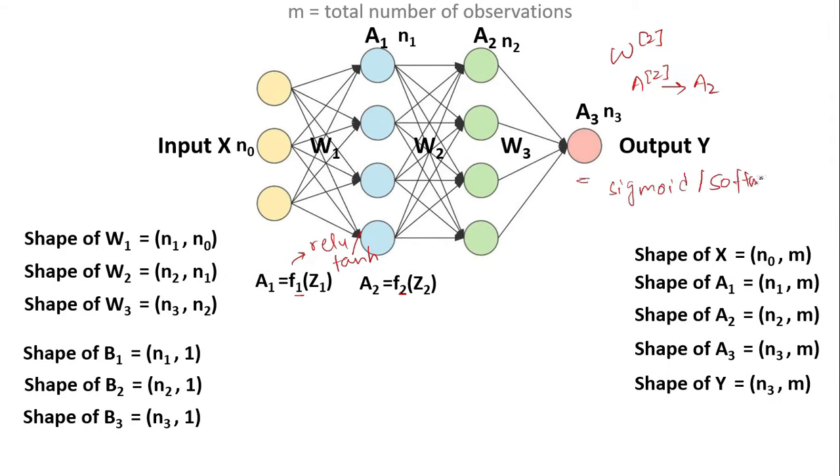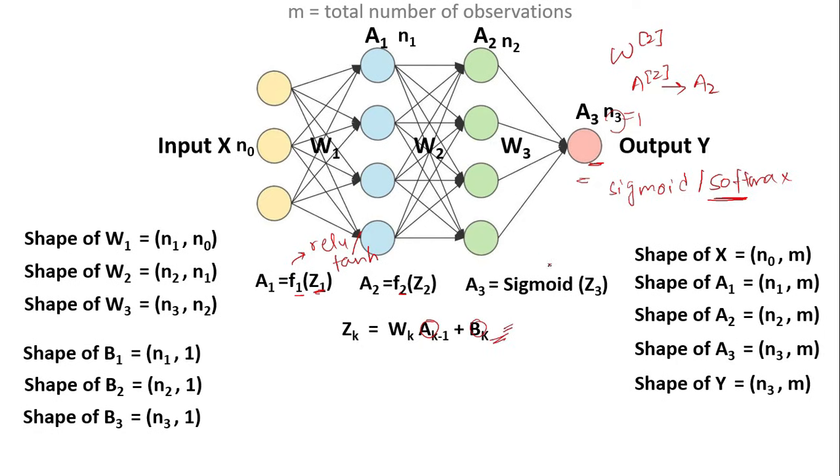But here in this video, I'm going to use the sigmoid activation function in the output neuron. In the next video, we will derive the equations for the softmax activation function. And as we are using sigmoid activation function, N3 is going to be just 1 here, but I will keep it as N3 for now. And Z can be given by W multiplied by A of the previous layer and adding B there.